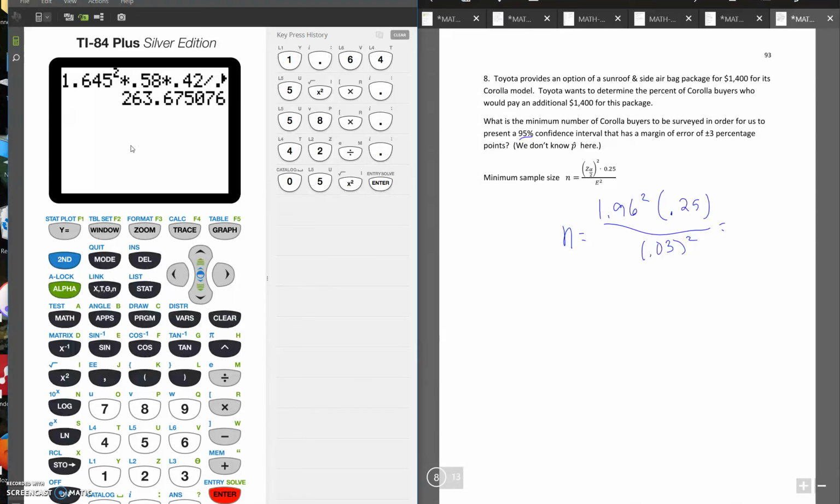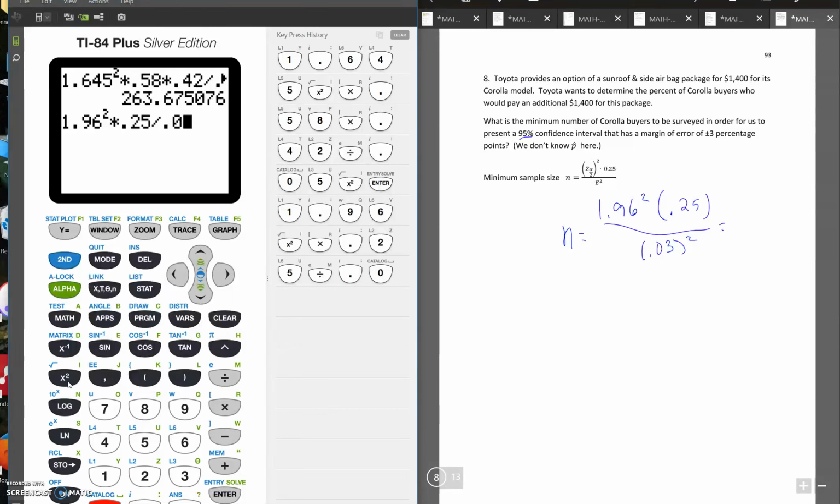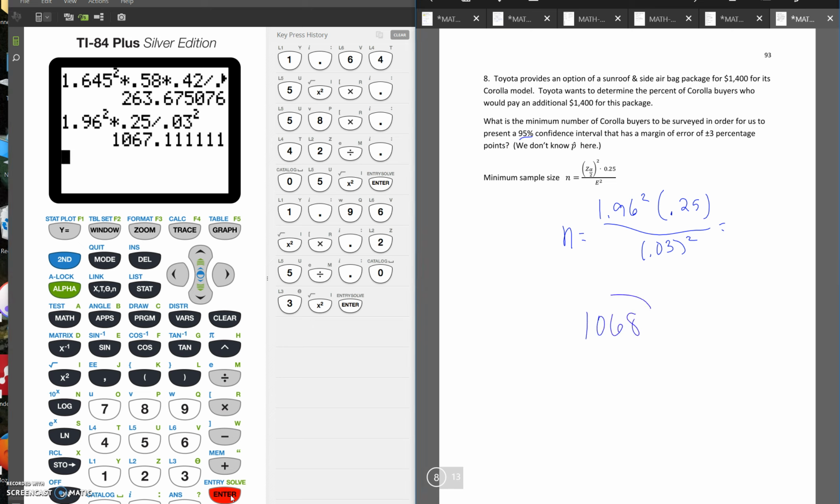So we're going to put this in our calculator. So here we'd get 1,067.1. We'd have to round this up, and our answer would be that we'd have to sample 1,068 people.